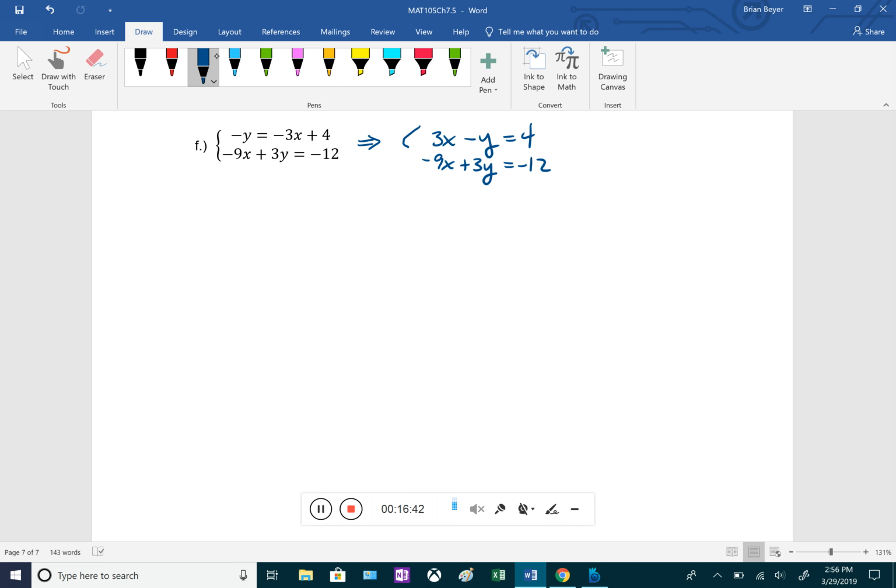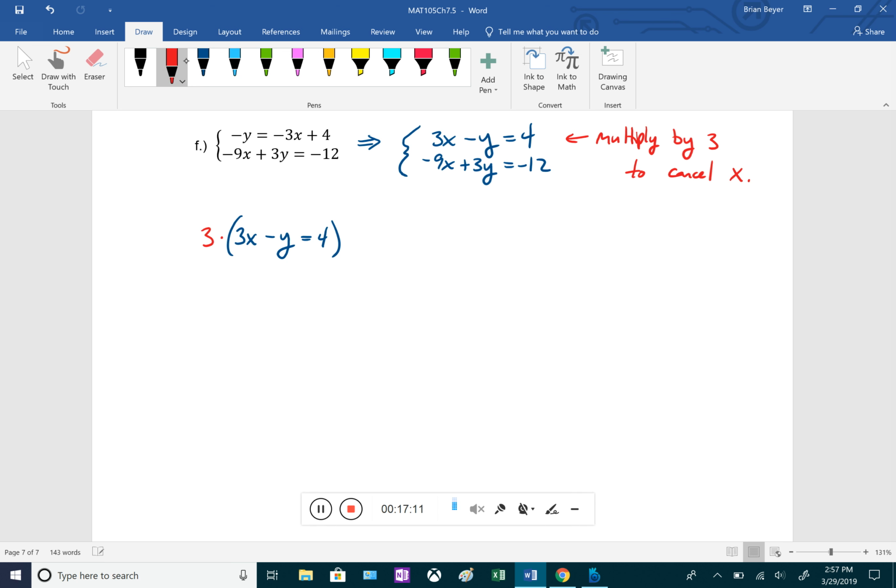And now we can just decide which variable we want to cancel. So let's say we want to cancel the x's again, we would have to multiply this first one by positive 3 to cancel the x. So let's do that over here again. So 3x minus y equals 4.